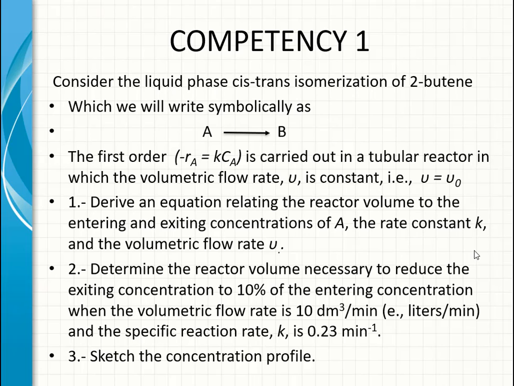So that means 10 liters per minute. And the specific reaction rate K is equal to 0.23 minutes to the minus 1. And the third question is, sketch the concentration profile.